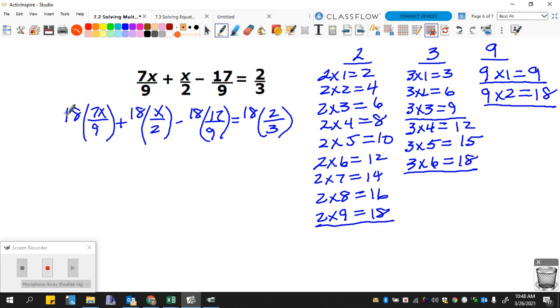So 18 divided by 9 is 2. 2 times 7x is 14x. 18 divided by 2 is 9 times x is 9x, minus 18 divided by 9 is 2 times 17, which is 34, is equal to 18 divided by 3 is 6.